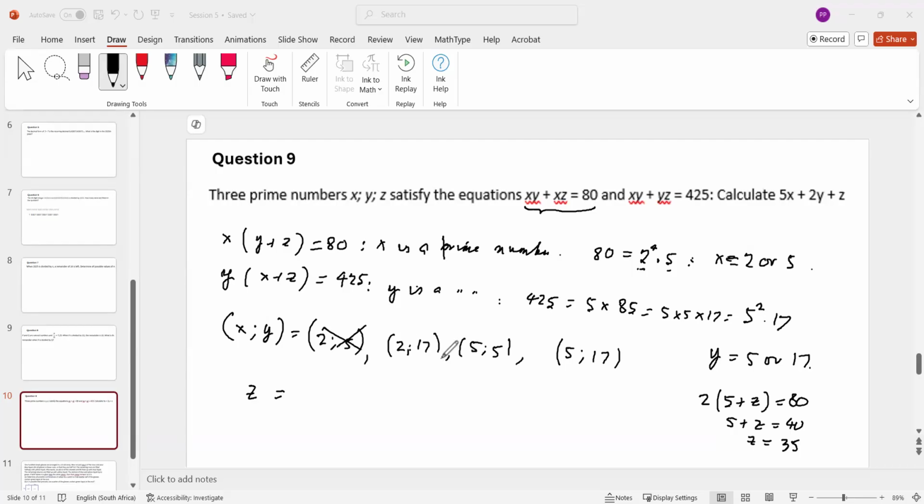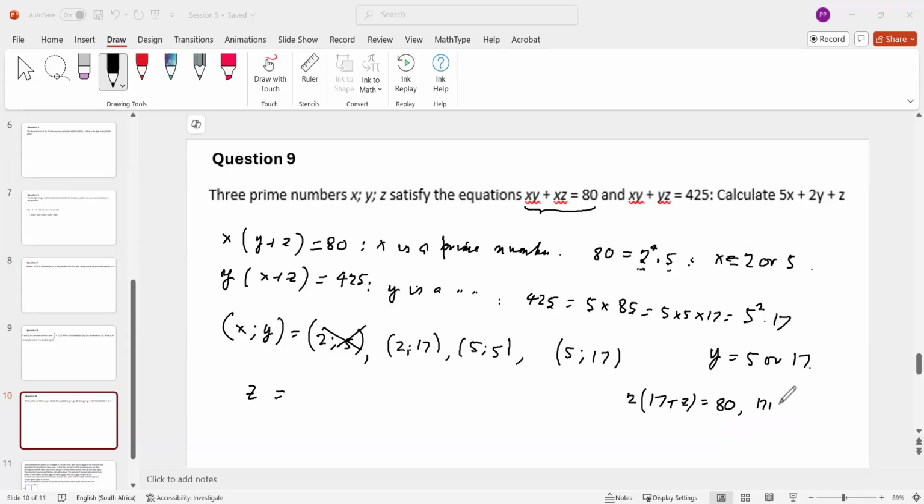Like that, let's try 2 and 17. I'm going to make the calculation in the same place. Now, x is 2, y is 17. 2 times (17 plus z) is 80.